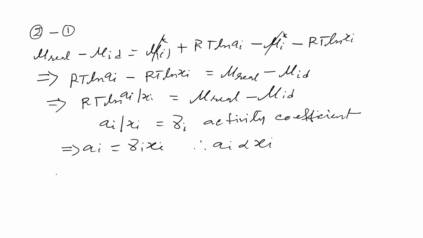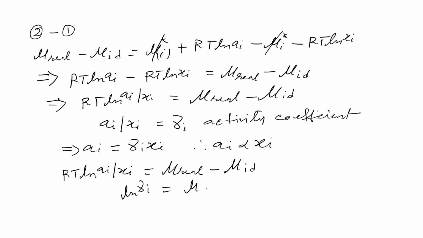We can write that RT ln(ai by xi) is equal to, as already written here, mu real minus mu ideal. So ai by xi is gamma i. Gamma i is equal to (mu real minus mu ideal) divided by RT. RT is constant at constant temperature.